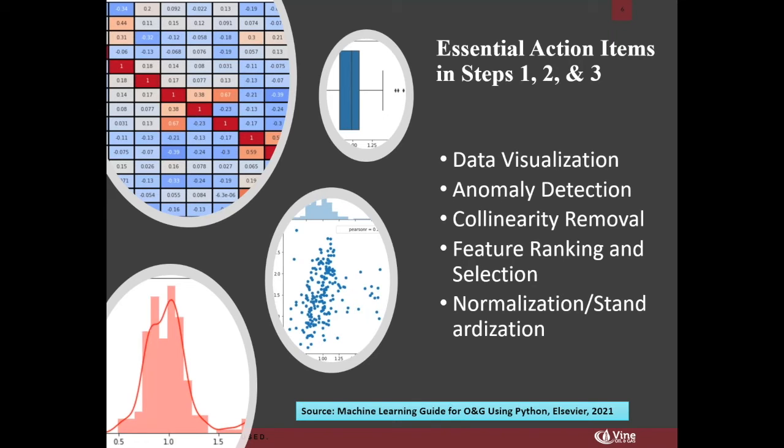Another important step is collinearity removal. I'll show you an example. It's pretty important to remove parameters that are collinear, because they provide the same information. For example, in the completions world, with sand per foot and water per foot, usually the more sand per foot you pump, the more water per foot you also pump.